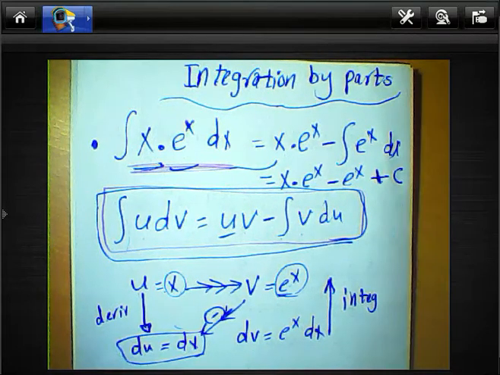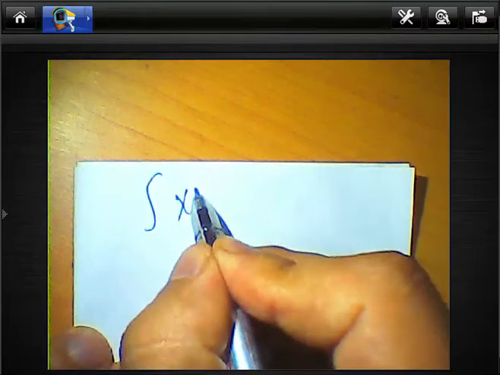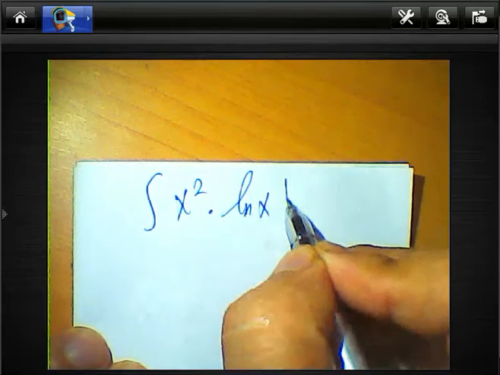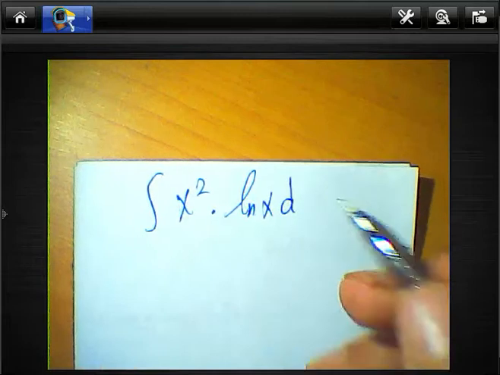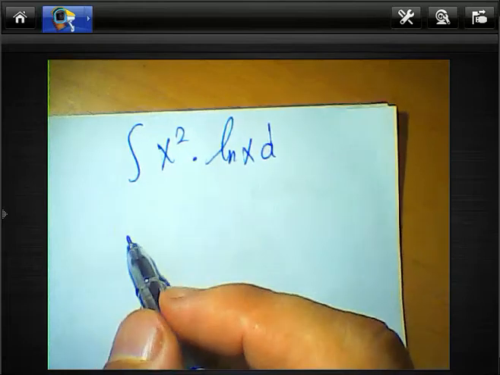It's okay. Another example, we want to find the integration of x power 2 ln of x dx. Who can solve this example? We can use the rule from the last question.